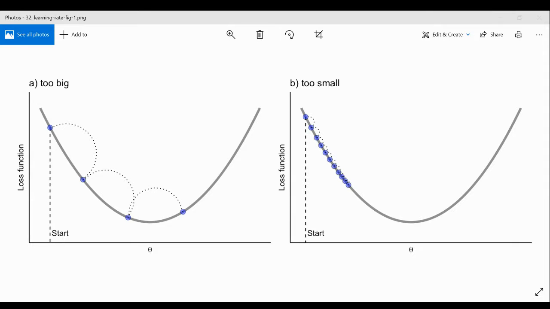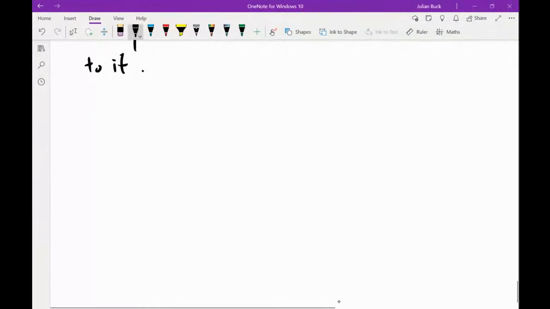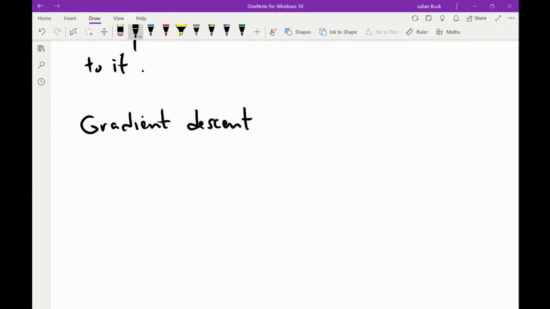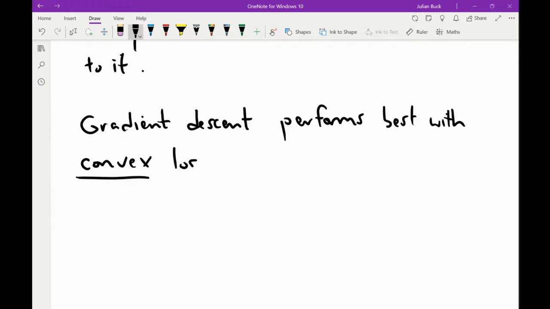Now, when does gradient descent work well and when does it not? Gradient descent performs best with convex loss functions.